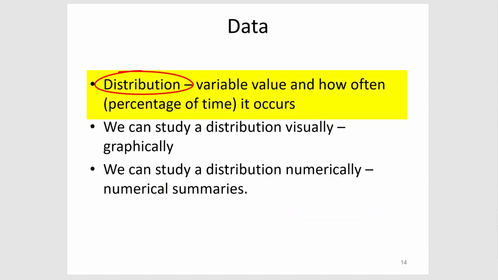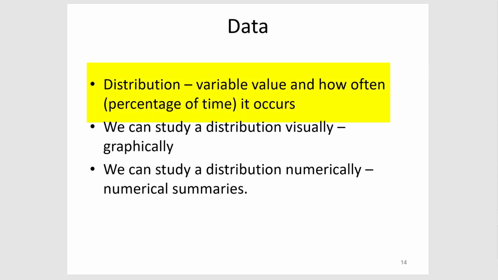Distribution: the variable, value, and how often or the percentage of time it occurs. We can study a distribution visually, graphically, or we can study the distribution numerically with numerical summaries. So this idea of a distribution, the variable, value, and how often it occurs is extremely important.